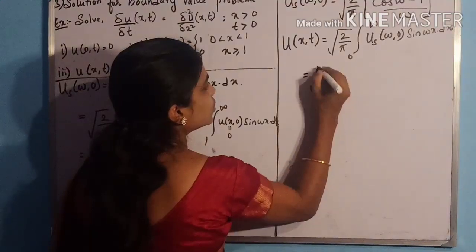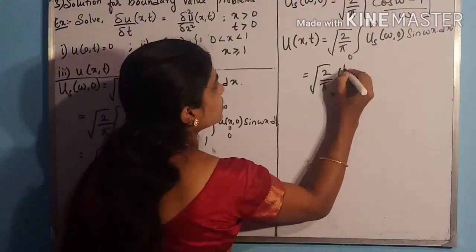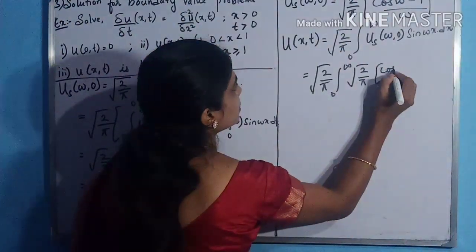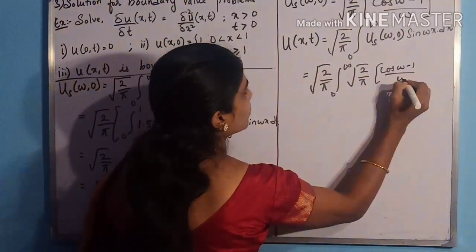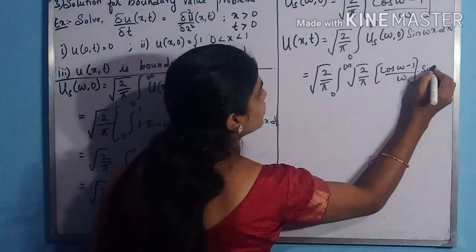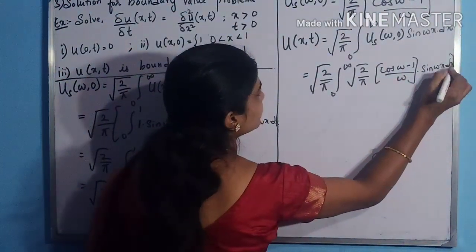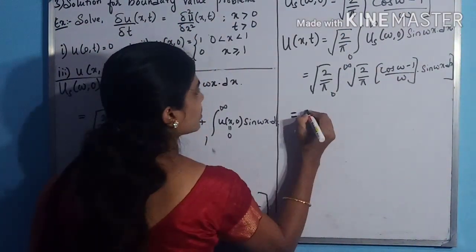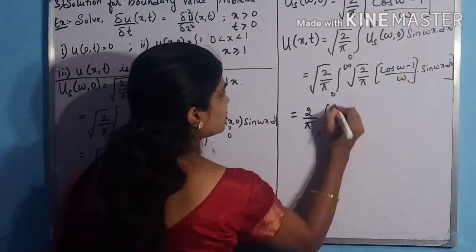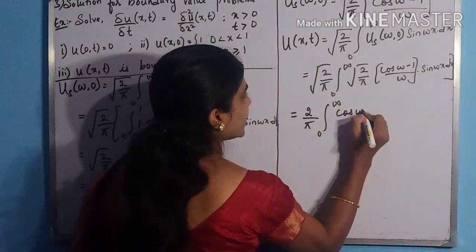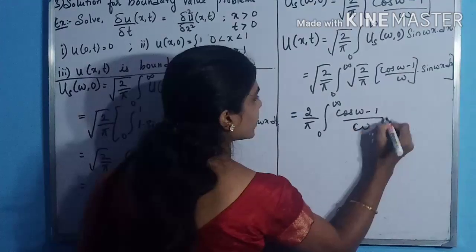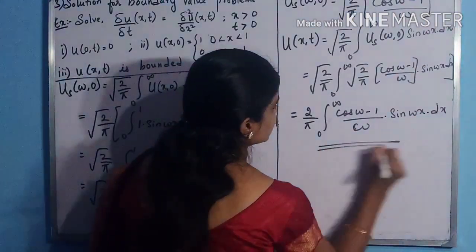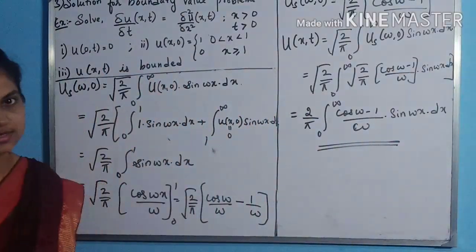It is again root 2 by pi integral 0 to infinity root 2 by pi cos omega minus 1 by omega into sin omega x dx. So this is equal to 2 by pi integral 0 to infinity cos omega minus 1 by omega into sin omega x dx. And this is our required answer.